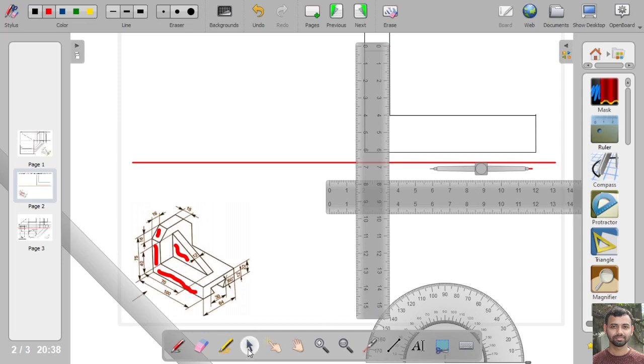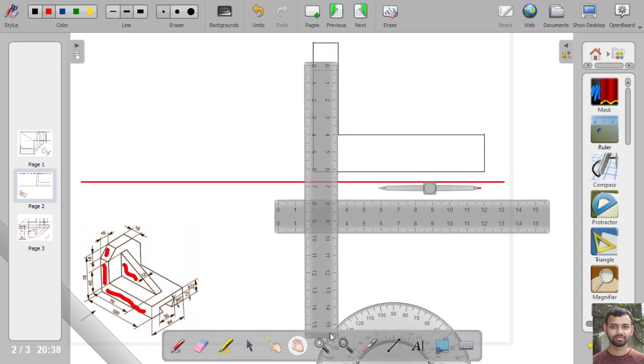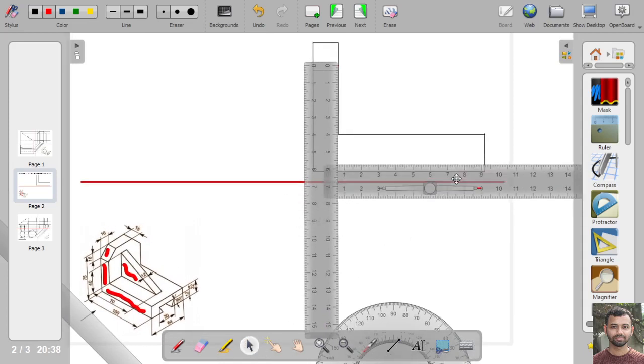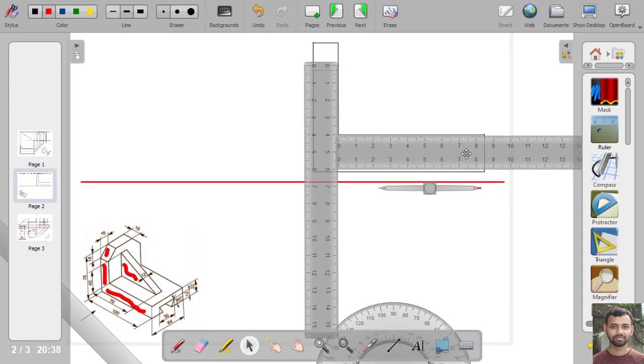So we will measure this distance from this edge. It is at a distance of 70 mm. That means it is up to this point.